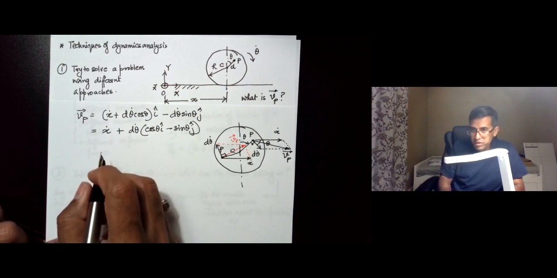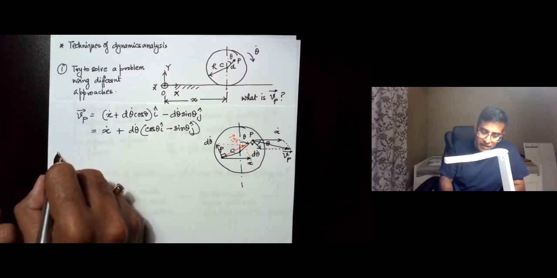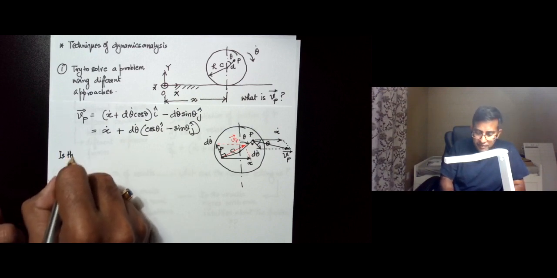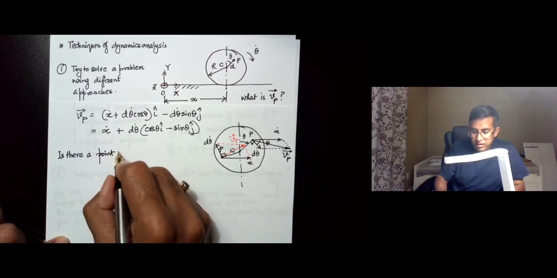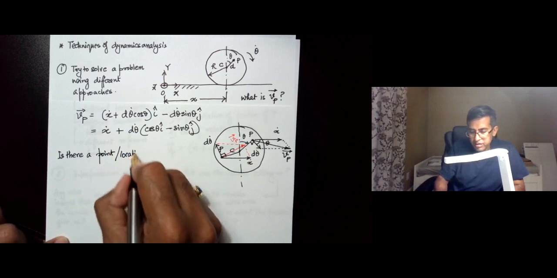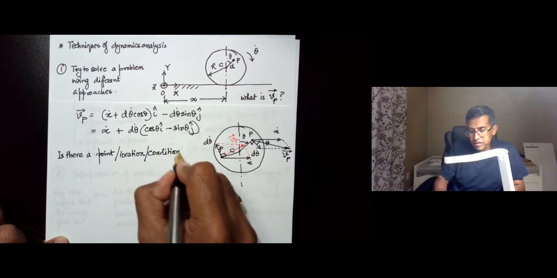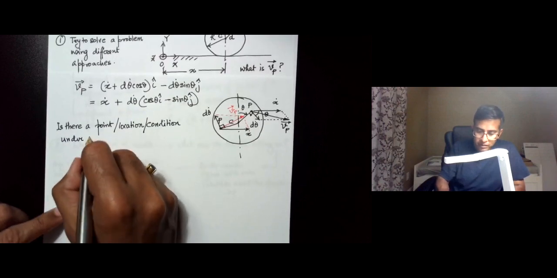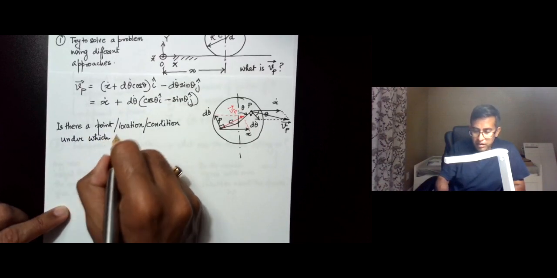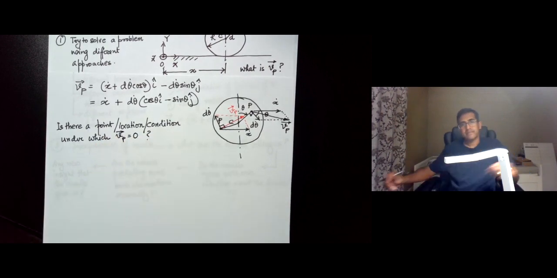Now there are other questions that we can ask. For instance, is there a point or location or condition under which Vp is equal to 0, right?